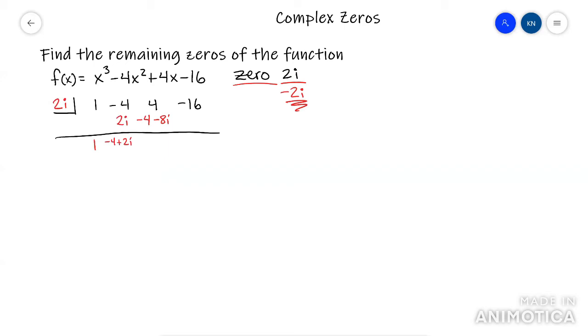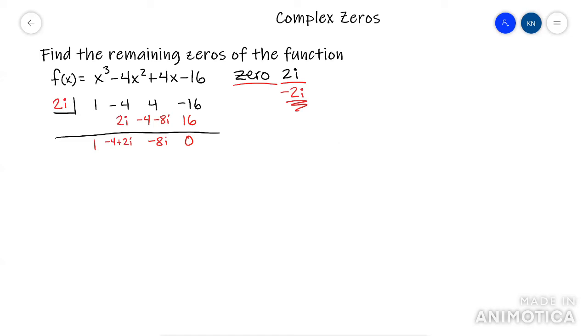All right, the 4 and the negative 4 can combine, and it'll just leave the minus 8i. Multiply it again. 2i times negative 8i is negative 16i squared, which is positive 16. So this is what I get when I run synthetic division on the positive 2i.